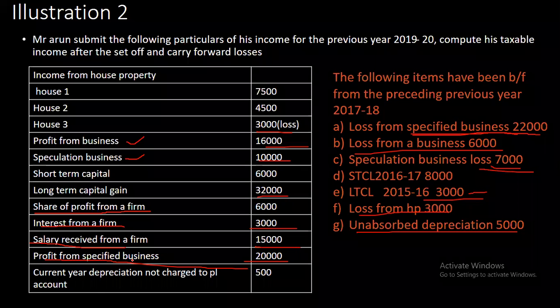Then we have the short-term capital gain. It's around 6,000. There is a loss from the capital, short-term capital, around 88,000 rupees. So we can deduct that one.